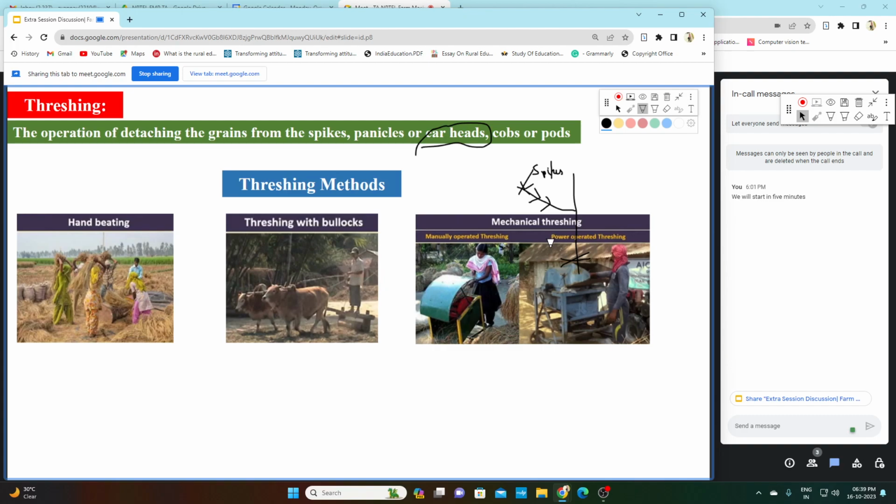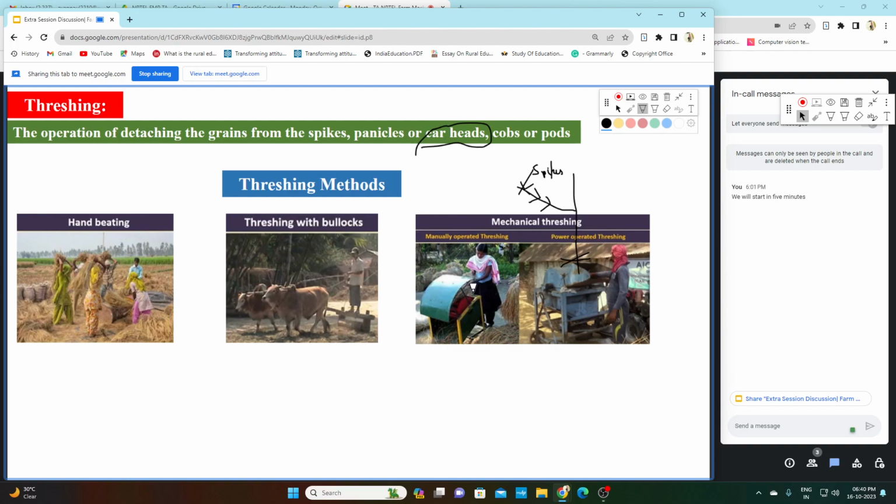Mechanical operation also, partly we can do that operation by human power, like in this image you can see this girl is doing threshing by operating the thresher with her feet. What happens, there is a paddle-like part in the thresher, and when this girl presses this paddle-like thing, the threshing operation is happening.